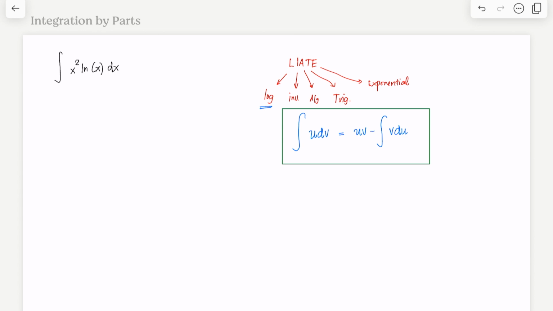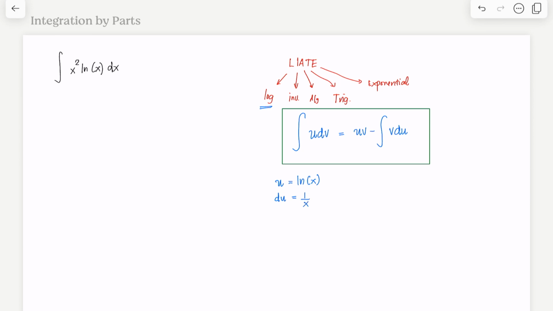This is telling us clearly that the priority for our u should be the ln x part of our integral. And once we have identified our u, the derivative of u is simply, guess what? It's 1 over x.